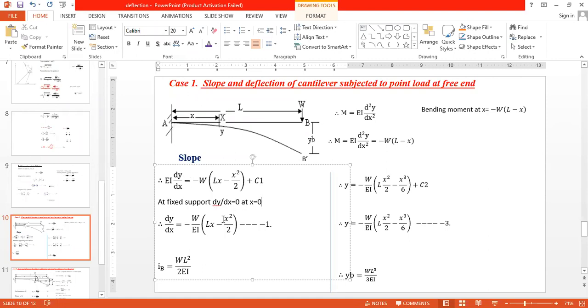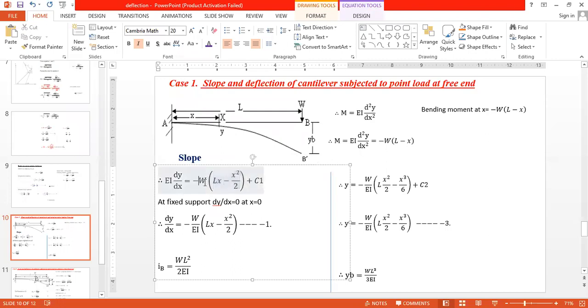That means dy by dx is 0 at x equal to 0. Now when we put x equal to 0 in this equation, this term dy by dx is 0, therefore this term is 0, and this bracket is also becoming 0, because L into 0, and x square is 0.